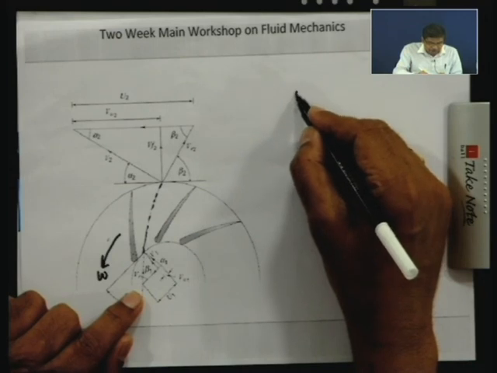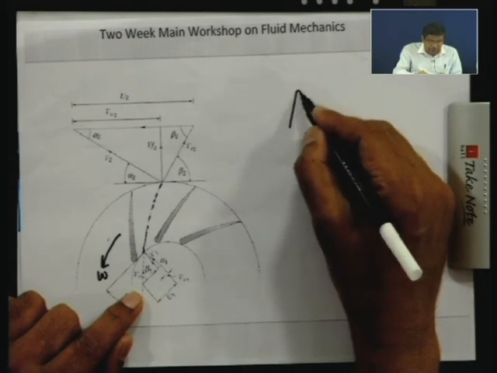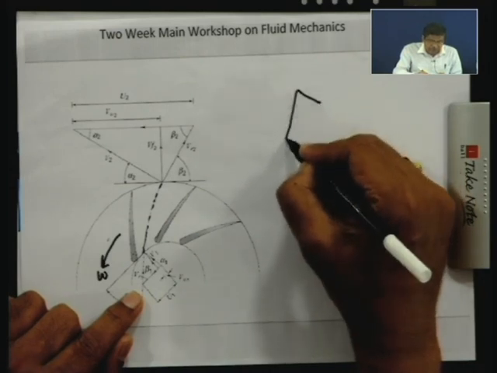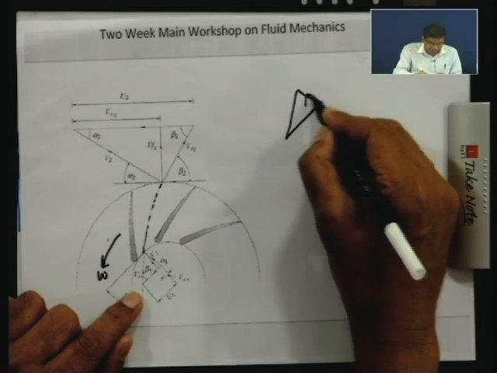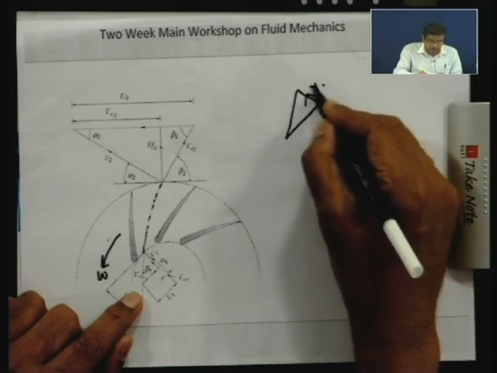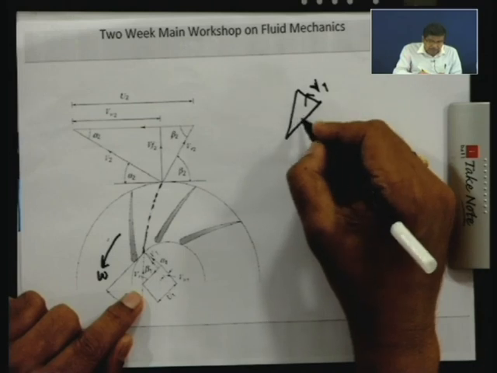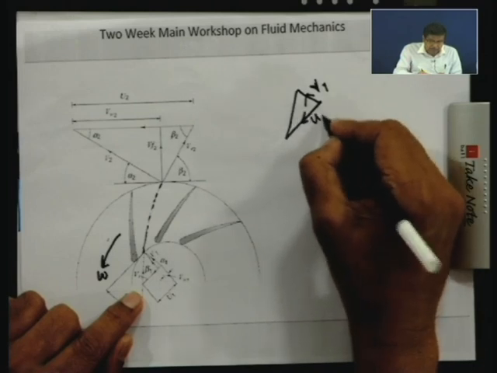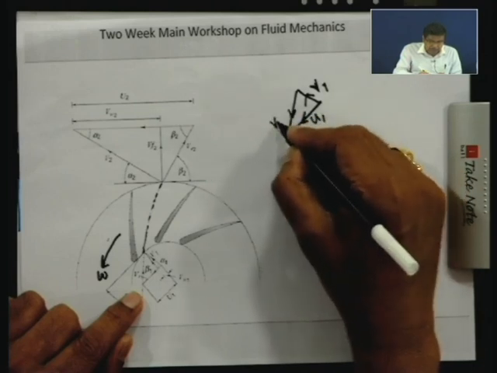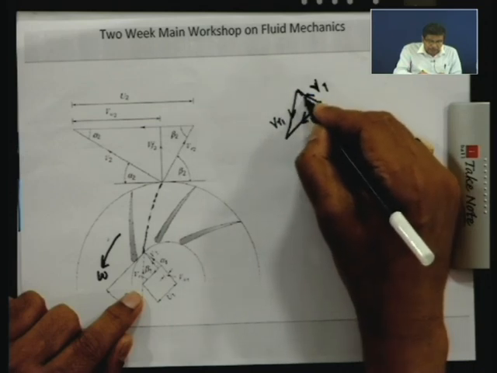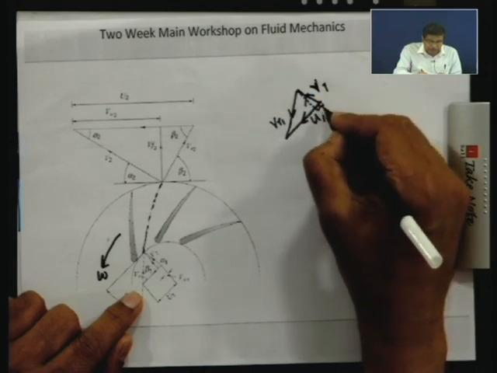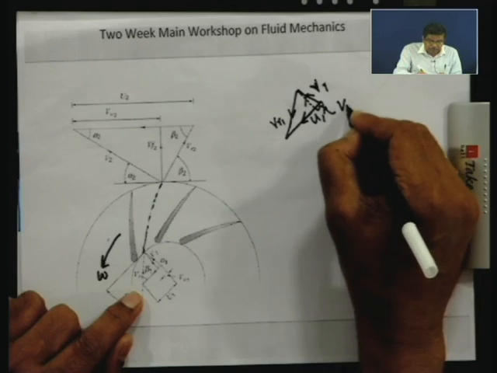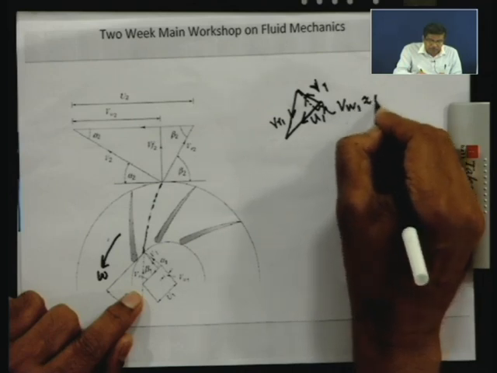I draw it here, the impeller diagram is like this. This is V1, this is U1, and this is VR1, in such a way that the component VW1 is very, very small, almost 0.